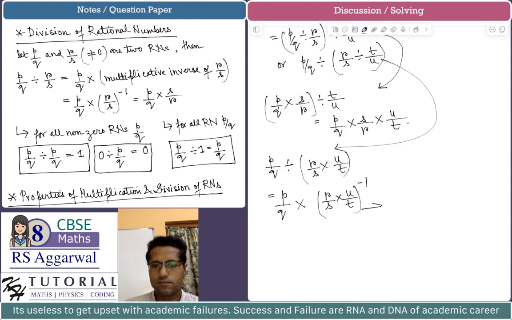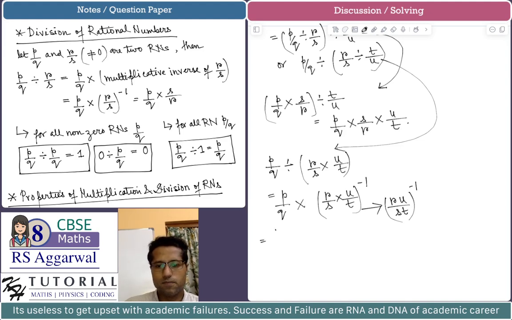Now what is this? This is nothing but R by S multiplied by U by T, which is basically RU by ST as per the multiplication of two rational numbers. So this is to the power minus 1.